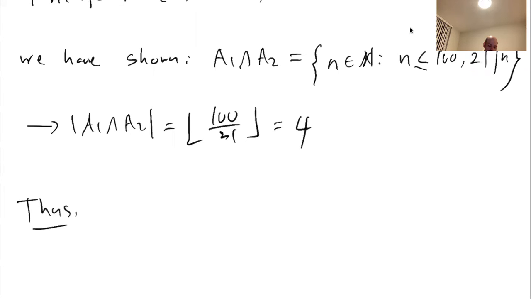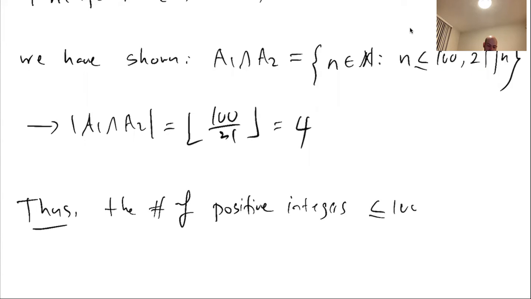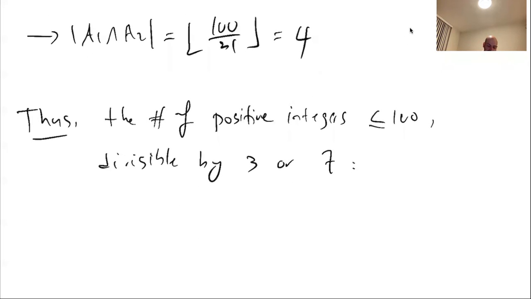Thus, the number of positive integers less than or equal to 100 and divisible by 3 or 7 is the number of elements in A1 union A2.